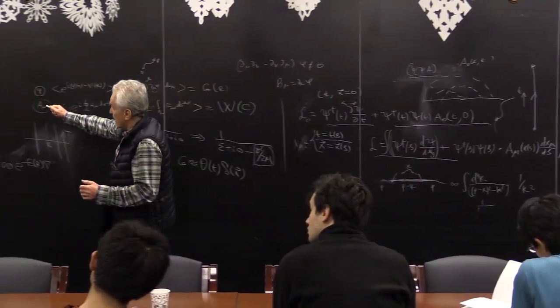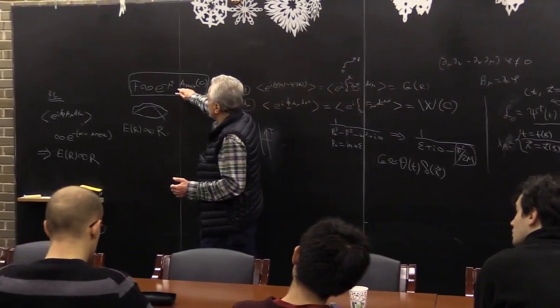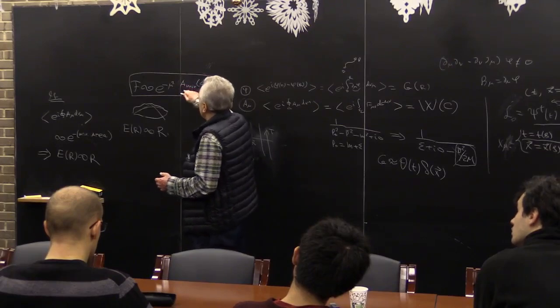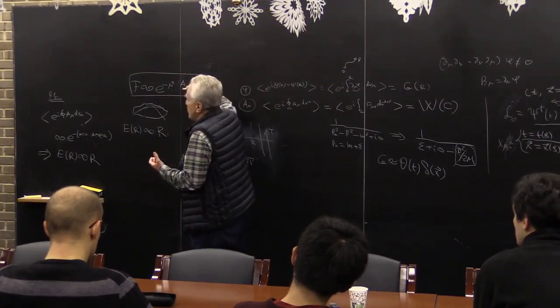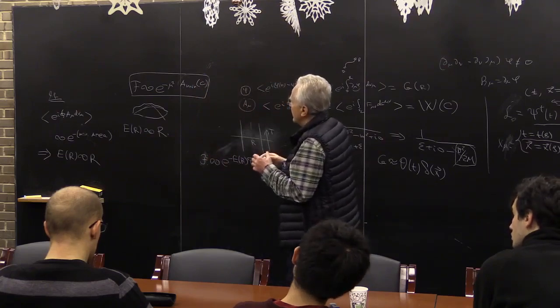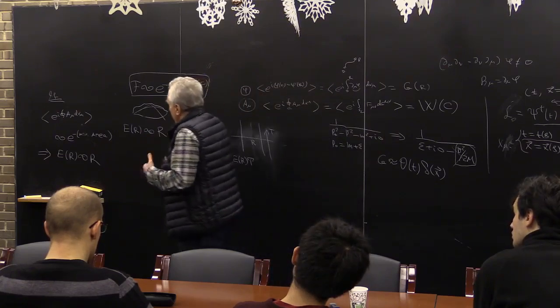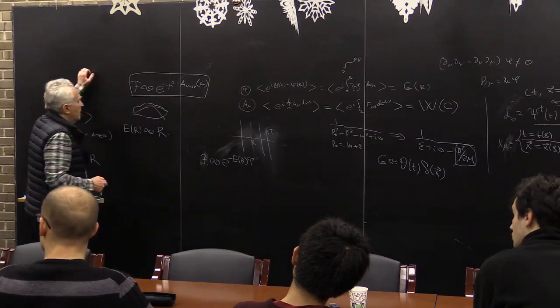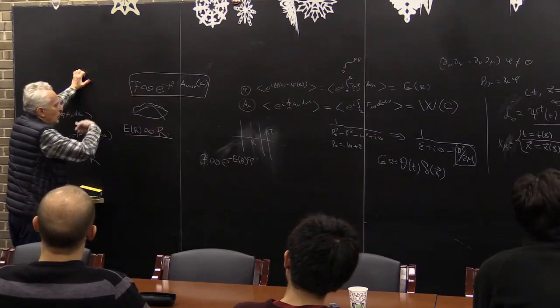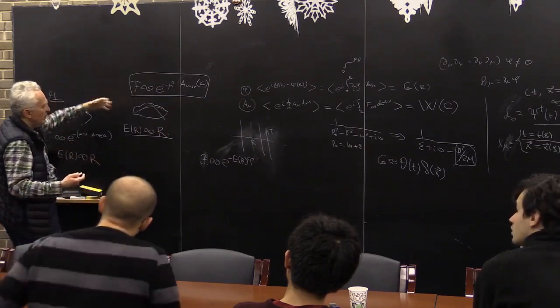Correspondingly, in general you get a geometrical object here, the minimal area, or you can get a perimeter or some curvature, but in all these cases you will get either E of R proportional to R or E of R going to 0.